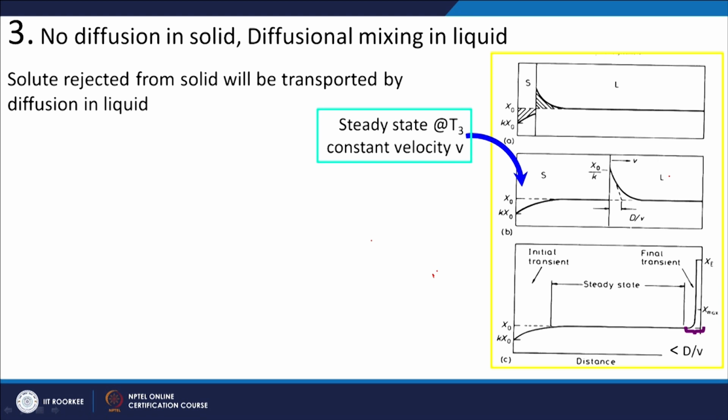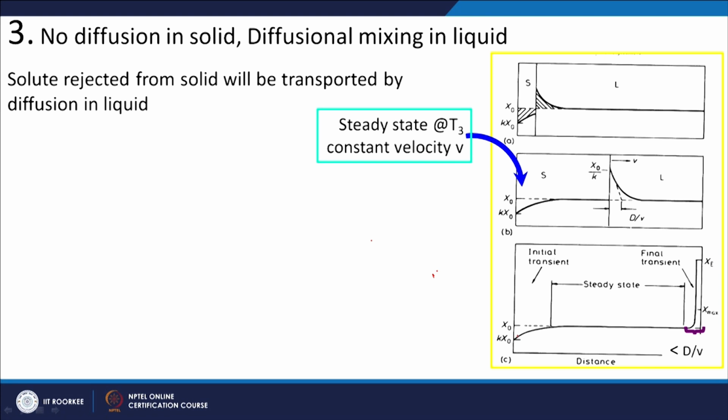So, some solute is rejected, and that solute will diffuse in the liquid by a diffusion process. We can define the slope of this curve by a characteristic width, which is equal to the diffusion coefficient of solute in the liquid divided by v, the velocity with which my interface is moving. So, at the end of the solidification, you will see this kind of concentration gradient in the solid bar.